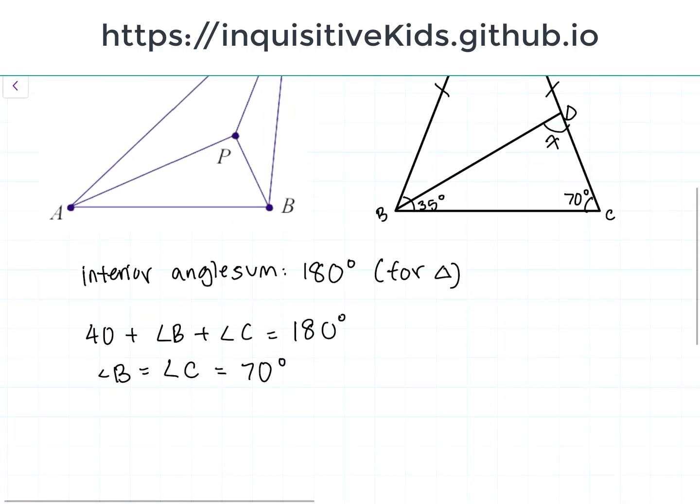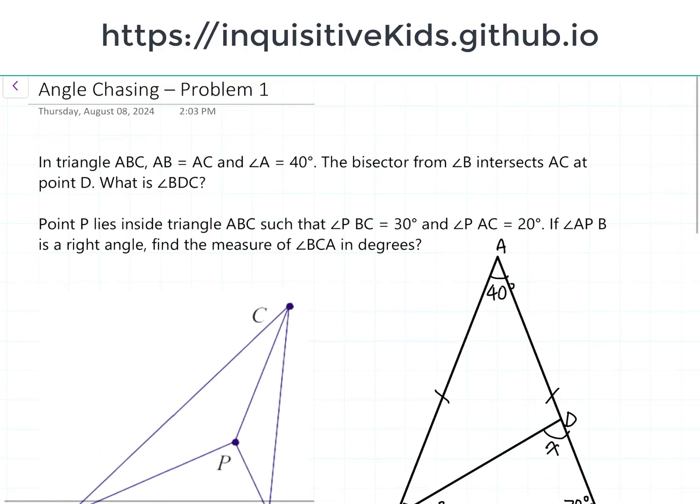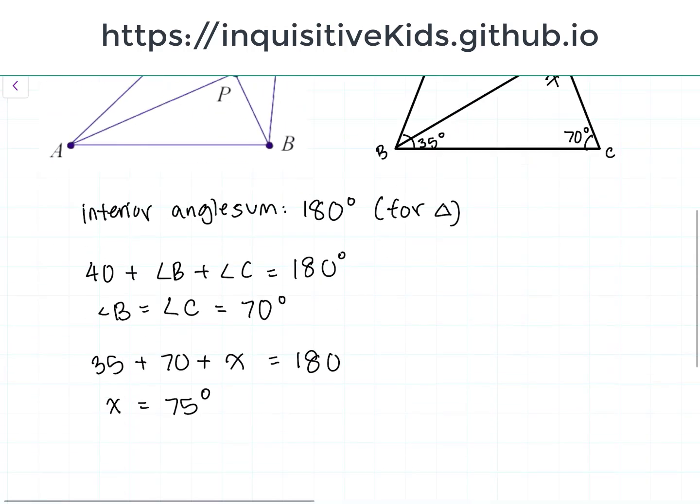So now we do 35 plus 70 plus the measure of angle X is equal to 180 degrees. And if we solve, we'll find that X is equal to 75 degrees. Therefore, the angle BDC is 75 degrees. And that is our final answer to the first problem.